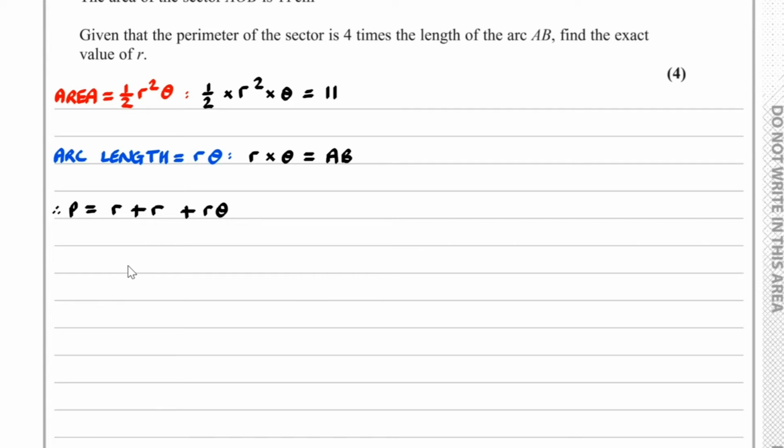And so we also know that the perimeter of the sector is 4 times the length of the arc AB, and the arc length AB is r theta. And so therefore, we have r plus r plus r theta equaling 4 times r times theta.